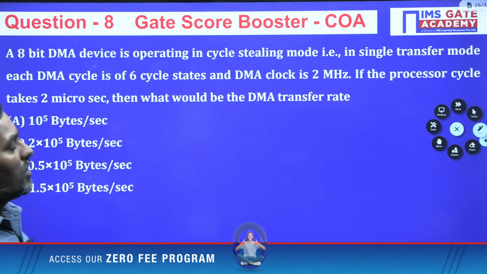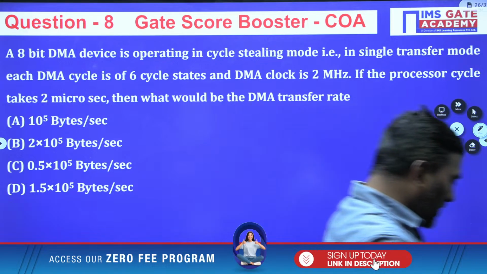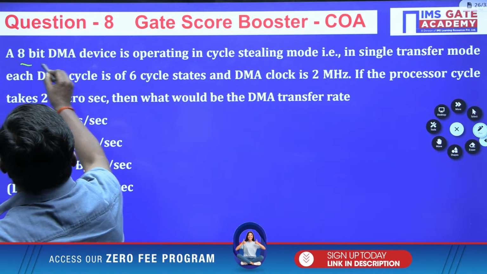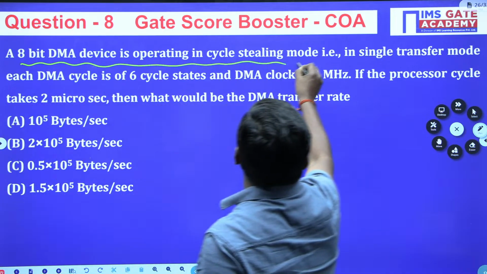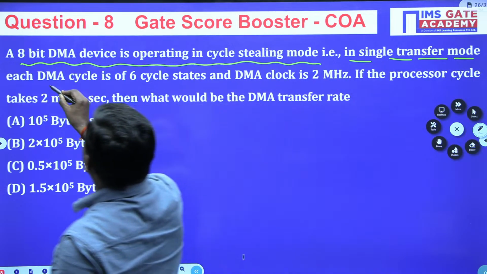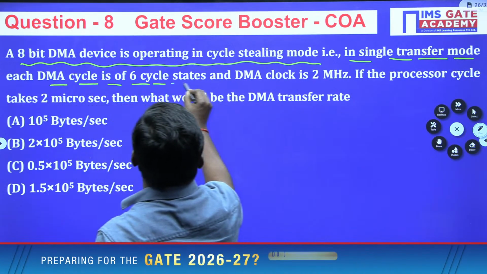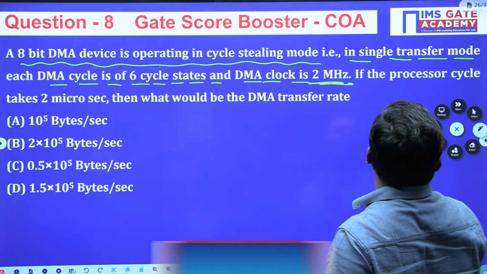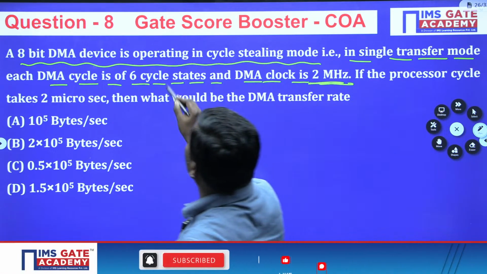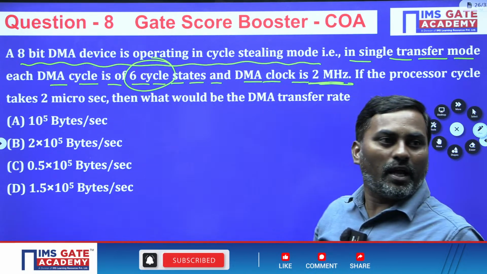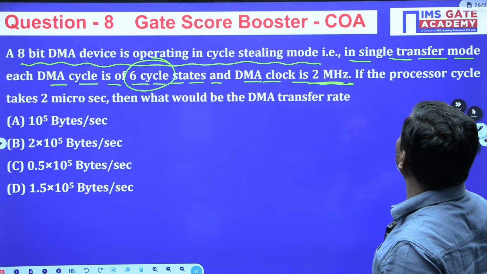Now this is related to the DMA controller: an 8-bit DMA device operating in cycle stealing mode, that is, in single transfer mode. Each DMA cycle has 6 cycle states and the DMA clock rate is given as 2 megahertz. So each DMA cycle takes 6 cycles, and the clock rate is 2 megahertz.